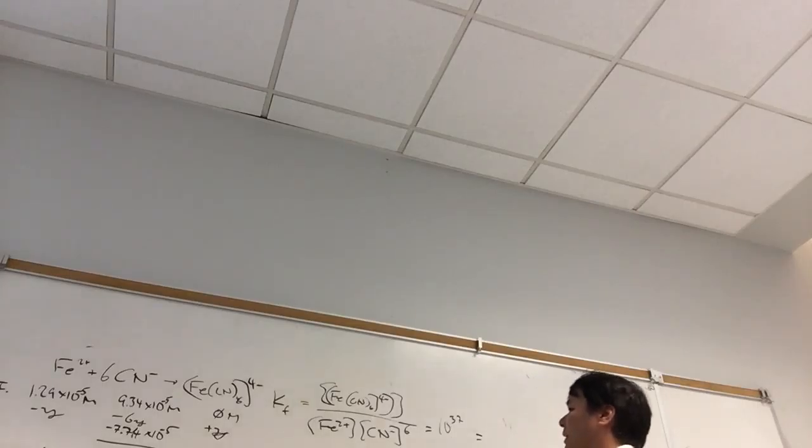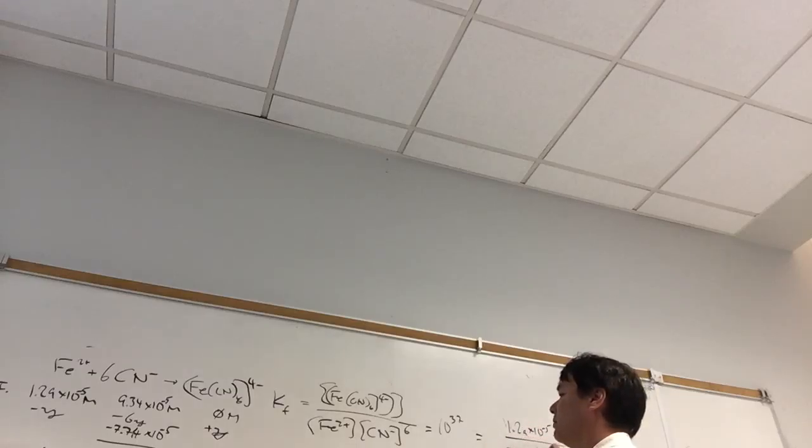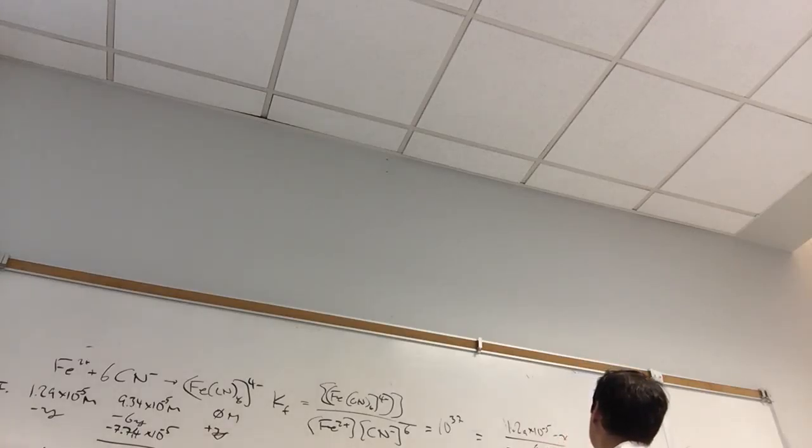I'm plugging this back in here, so this is 1.29 times 10 to the minus 5 minus x, this is going to be x, and this is going to be 1.60 times 10 to the minus 5 plus 6x raised to the 6th power.